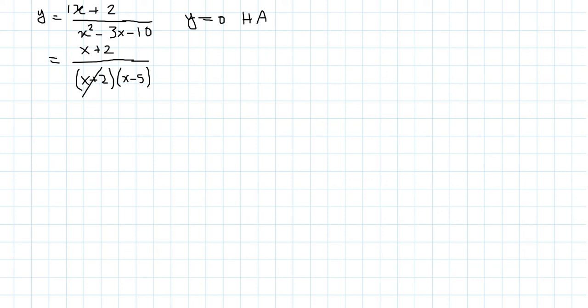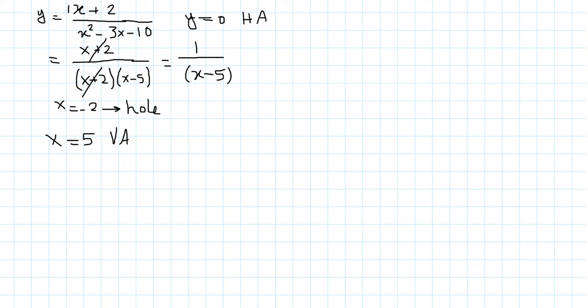I know x plus 2 by x plus 2 cancel, because it cancels on x equal minus 2 I will have a hole, and on x equal 5, because it makes it 0, I will have a vertical asymptote. So my graph is like this now, 1 over x minus 5, and easily I know this is the 1 over x graph.